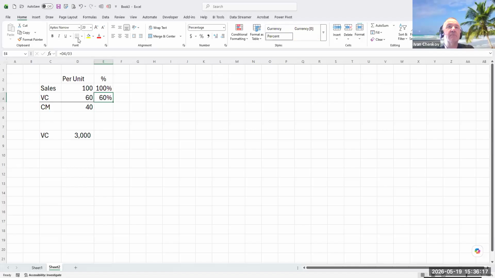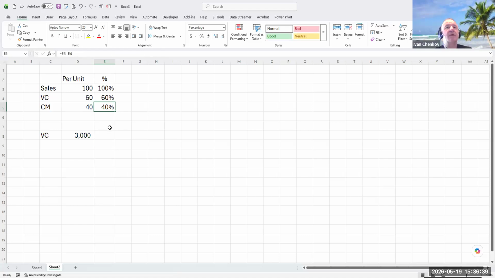And what's left for the contribution margin? Obviously, contribution margin is going to be 100 minus 60%, or 40%. So that means for every dollar of sales, we're going to get 40 cents. The 60 cents we need to cover the variable cost for the unit that we sell. Okay, so that's good. Now the question is, how can we make the profit?